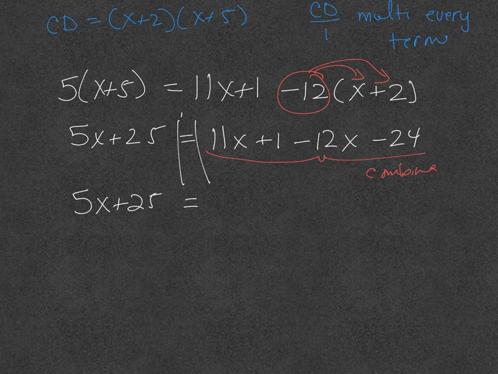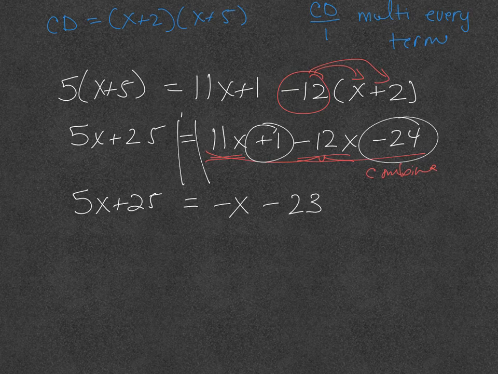So I want to combine the 11x and the minus 12x, which gives me just negative x. And then I want to combine a positive 1 and a negative 24, which gives me a negative 23. Now, at this point, with my equation, I want to get the x's on the same side.